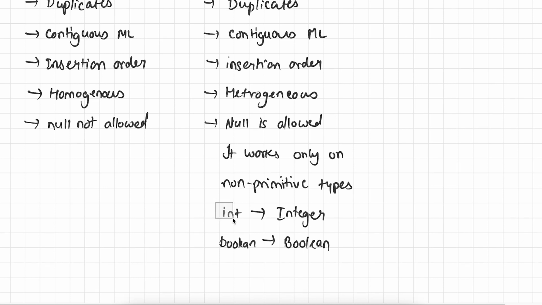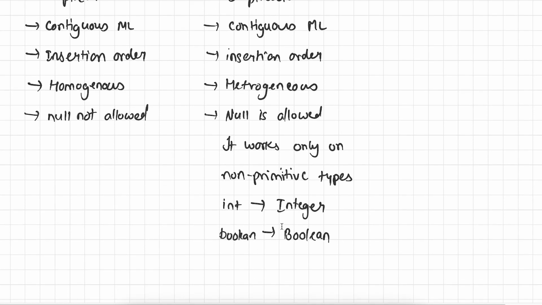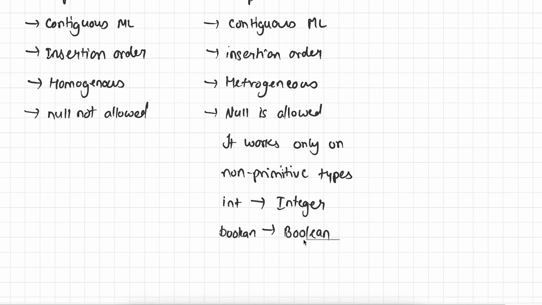For example, int is a primitive type and the wrapper class over this primitive is available as Integer. Okay, capital I Integer. This class is the same as this primitive, but it just wraps our int primitive type. Similarly, for the boolean primitive type, we have the wrapper class Boolean, with capital B. So this class represents the primitive type boolean.